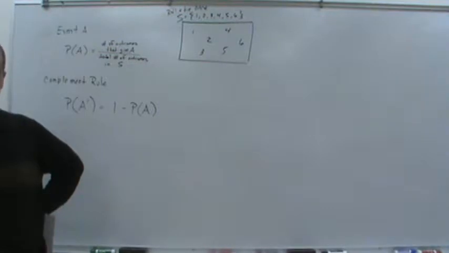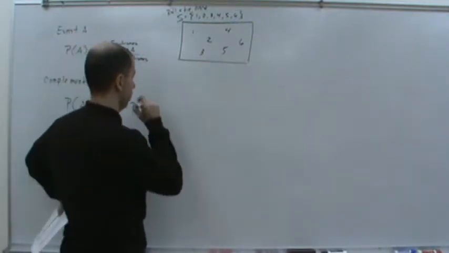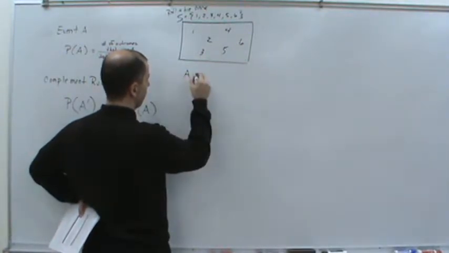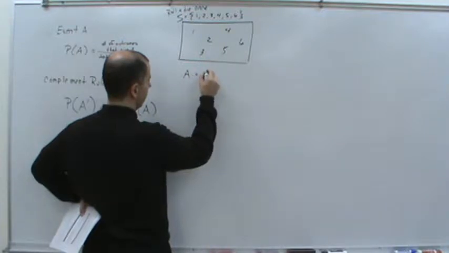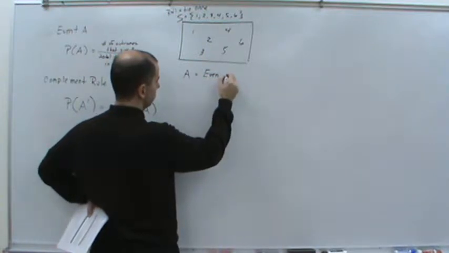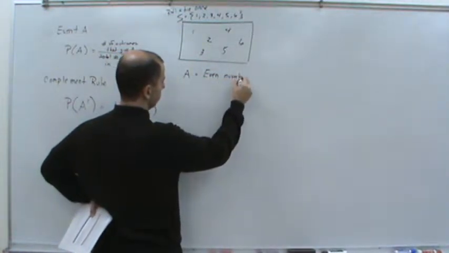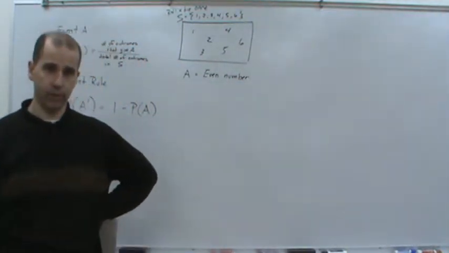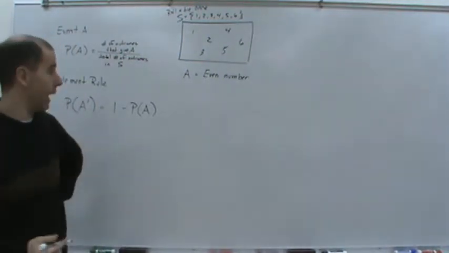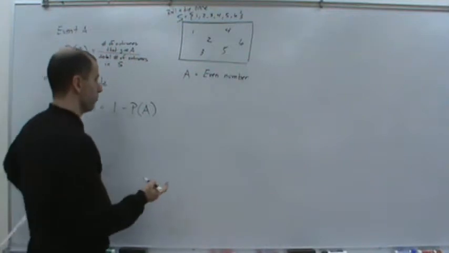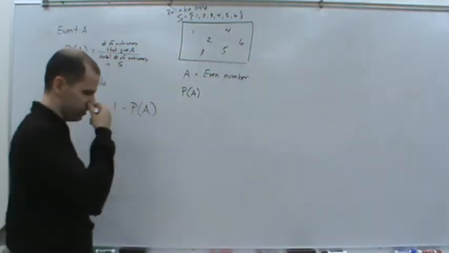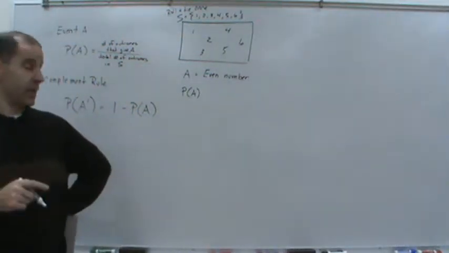Now, what if I want to define an event? So let's define A as getting an even number on the roll of a die. Okay, that's the event I'm interested in. So I want to know what's the probability of A. Well, let's use the definition of probability, right?